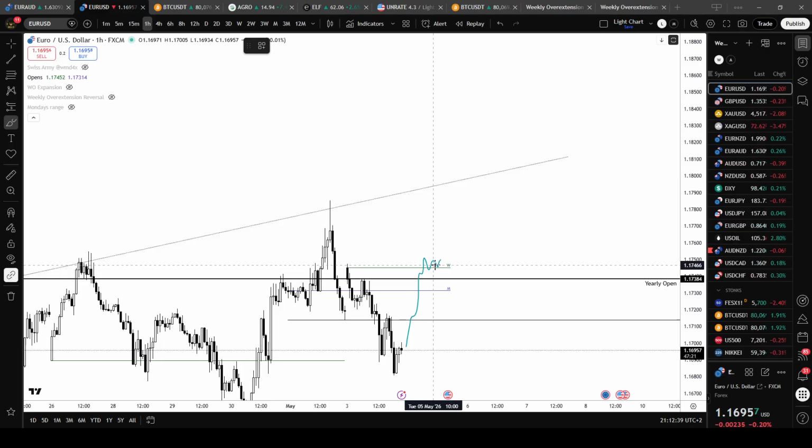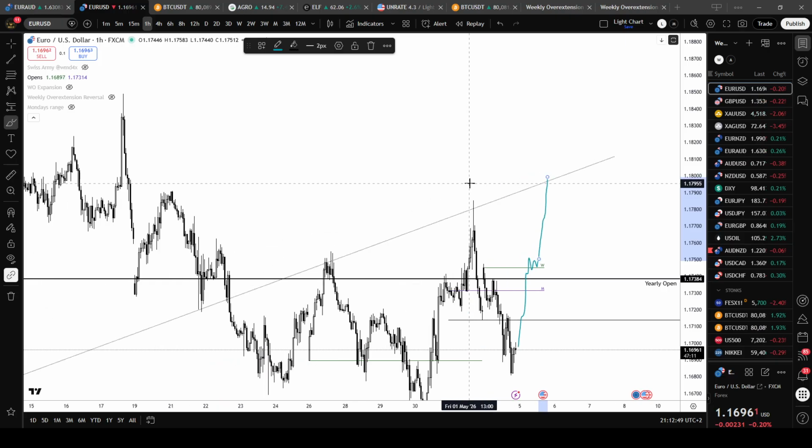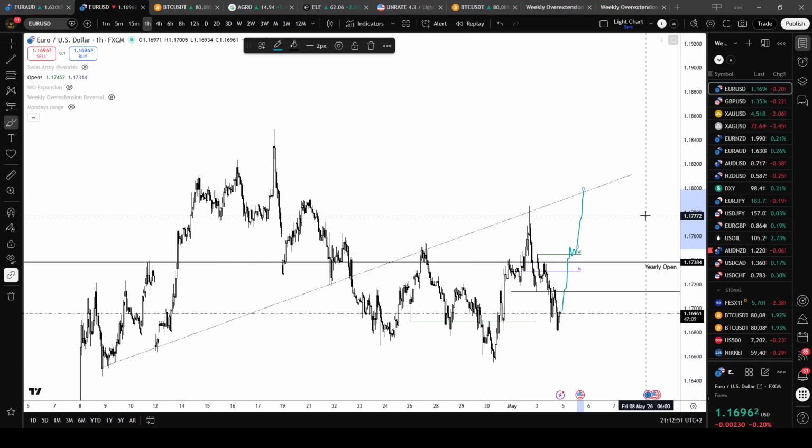So if we get an H4 close, I would buy a retest of the weekly open, and I would aim to target this trend line and watch how price behaves there. If you recall last week's analysis, one of the triggers for the long side was reclaiming the trend line. So that can also happen.